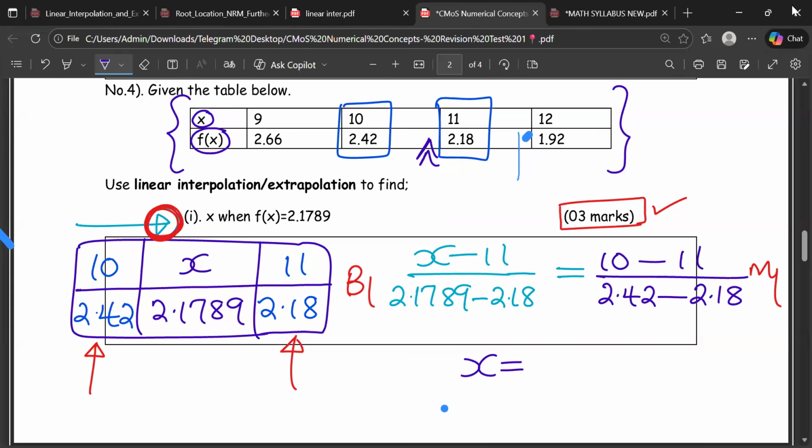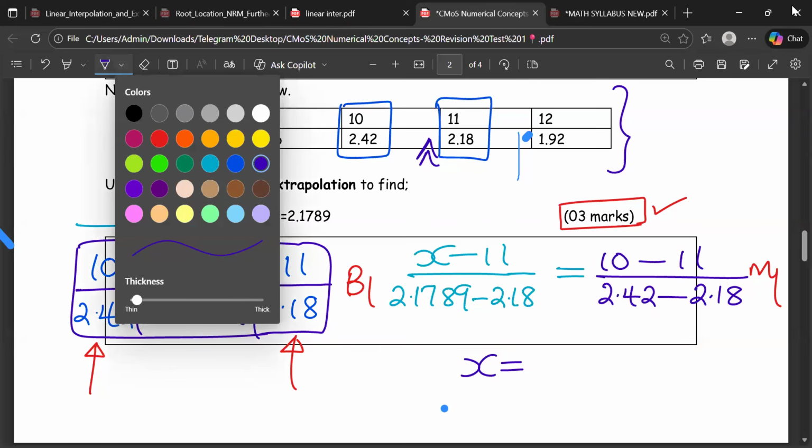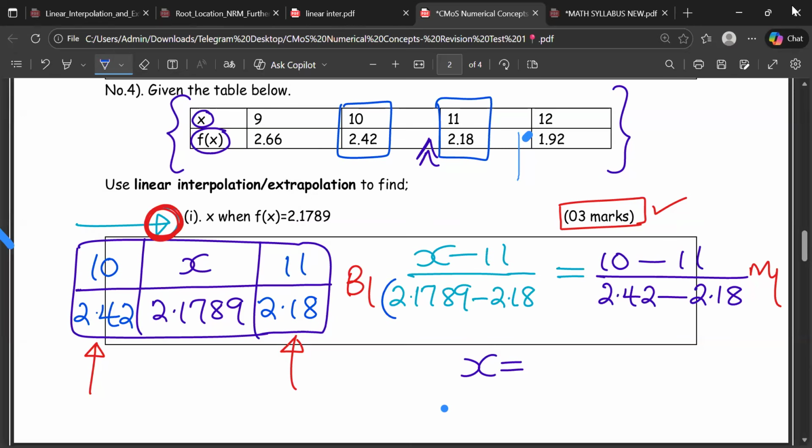So I want you to use the calculator. How? You get your calculators and press brackets. You put that inside. You multiply, you bring brackets and do that 10 minus 11. Yes, you know it is -1, but next time it will not be -1. It will be other values. So you practice. Put this in brackets like that.